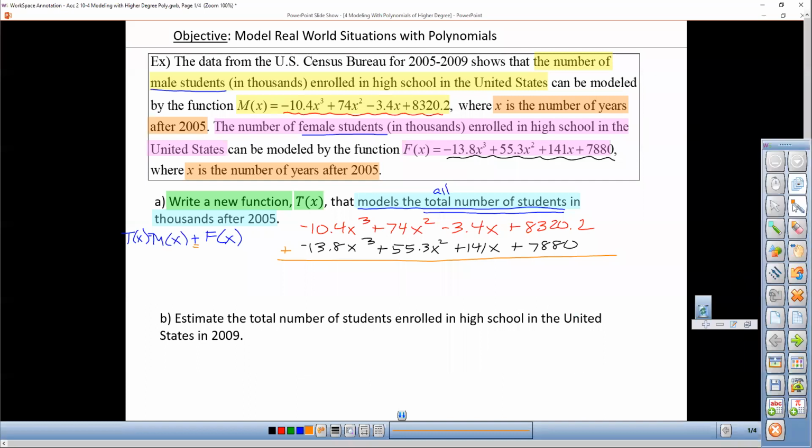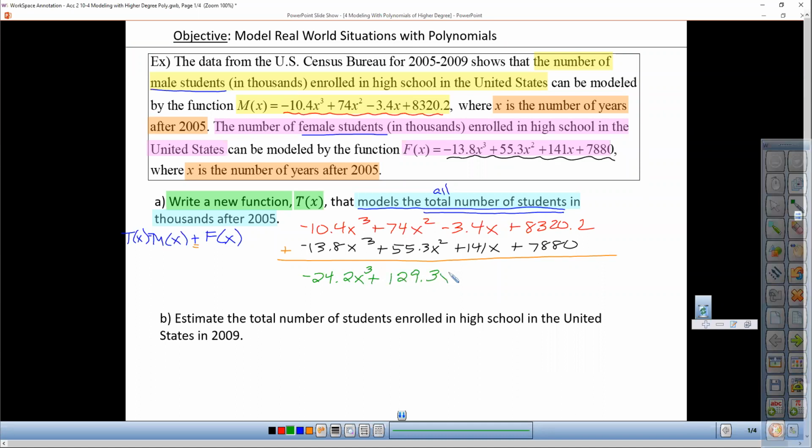All right, so using our calculator here to combine these, we now have a negative 24.2x cubed, and then plus a positive 129.3x squared, and then plus a positive 137.6 times x, and then plus a positive 16,200.2.